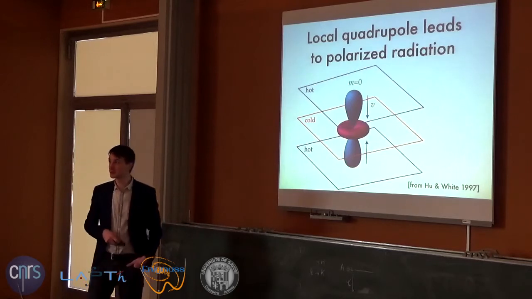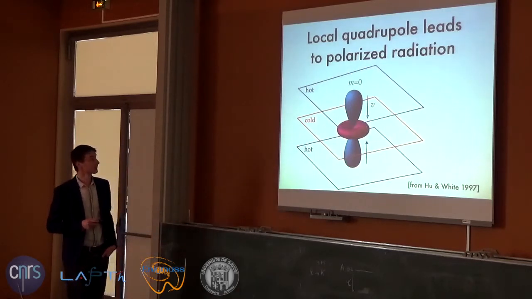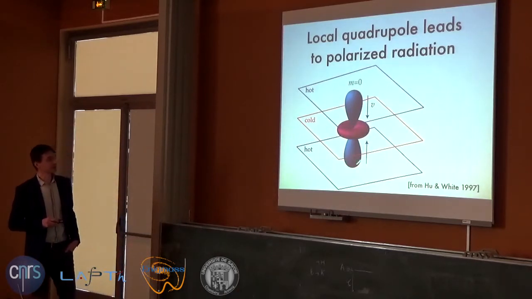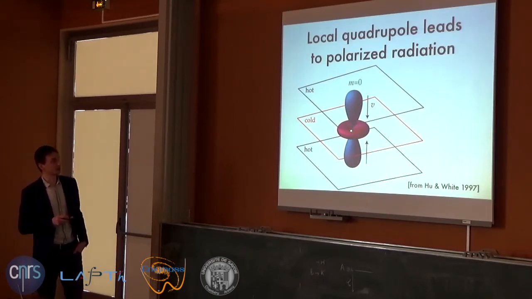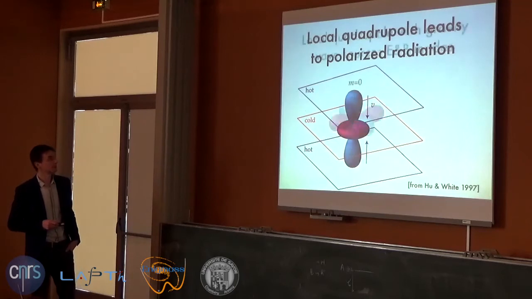M runs from -2 to +2. And this is the real part of the spherical harmonic for M equal to 0, so that's just a particular choice of orientation of this quadrupolar effect. If you have hot radiation here, hot radiation here, but you have cold radiation in the directions orthogonal to it in a quadrupole distribution, then the emission of the light coming from this point will be polarized.